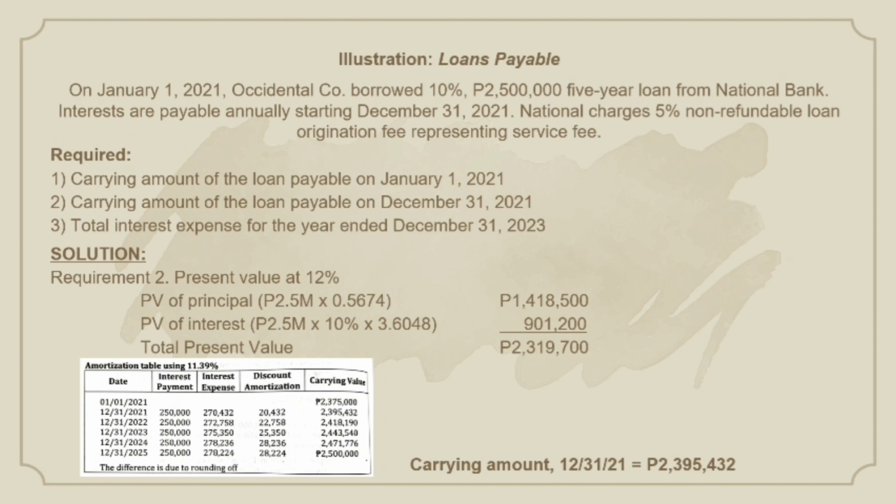We have 901,200. So the total present value at December 31, 2021 is 2,319,700.